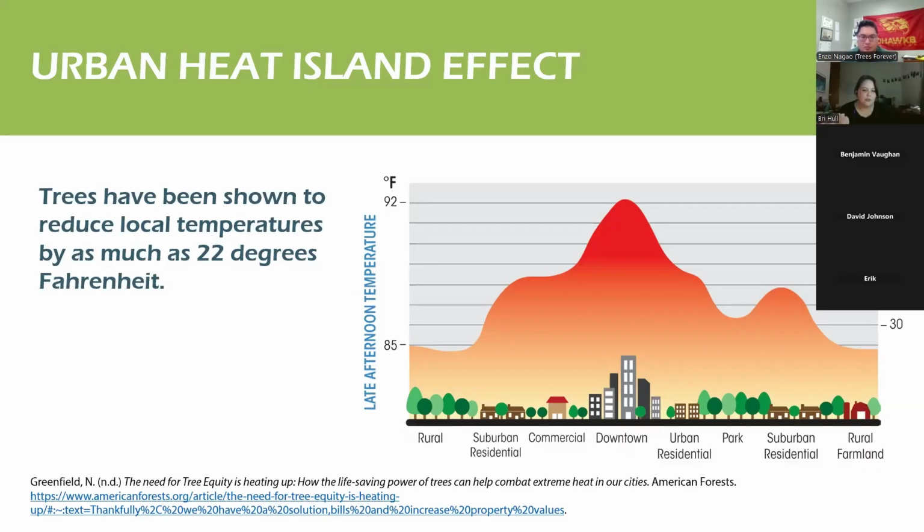It definitely reduces that heat that you feel, and you get that concentration, especially in urban areas. So adding more green spaces reduces that effect and leaves everybody feeling much more comfortable.